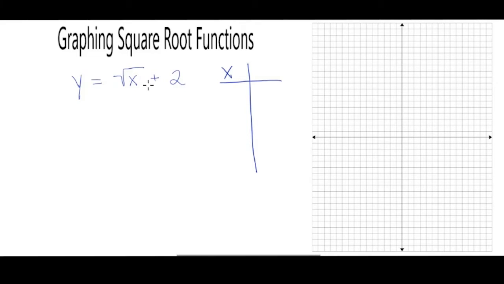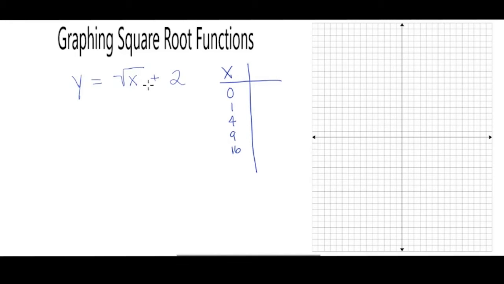I'm going to start with 0. 0 is a perfect square. Then 1 squared is 1, 2 squared is 4, 3 squared is 9, and 4 squared is 16. I'm going to start with those values, okay?